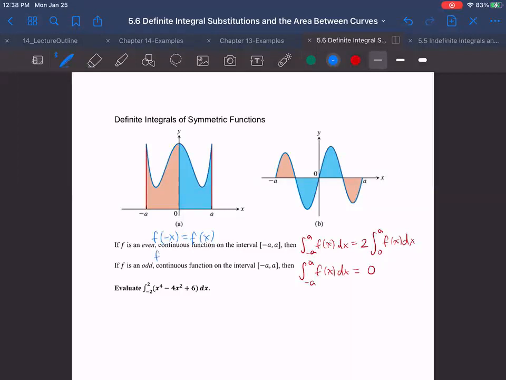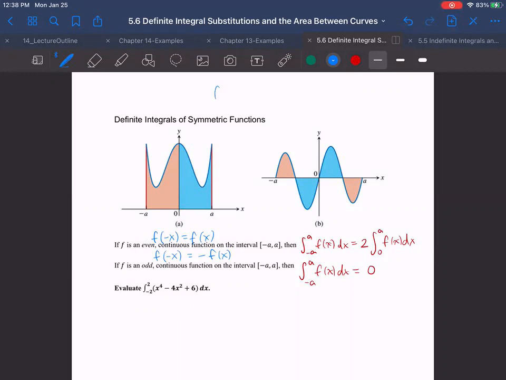For an odd function, f of negative x will equal negative f of x for every x. So that's how you go through and check them. You plug in negative x, and you should get the same exact function, but with a negative sign out in front. And then of course, if neither of those things happen, then it's neither, right?